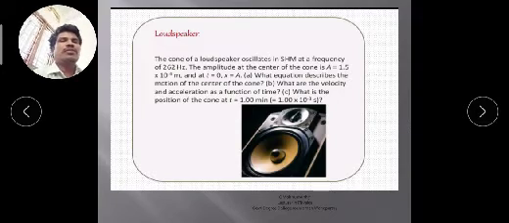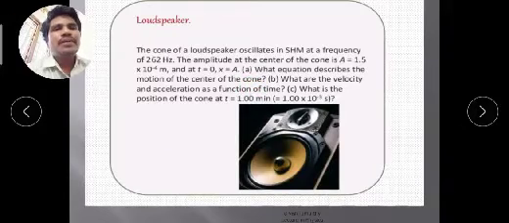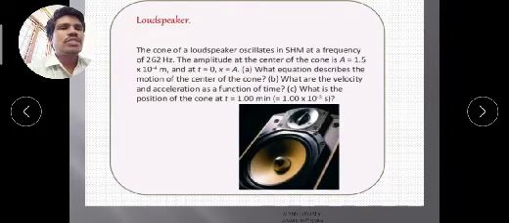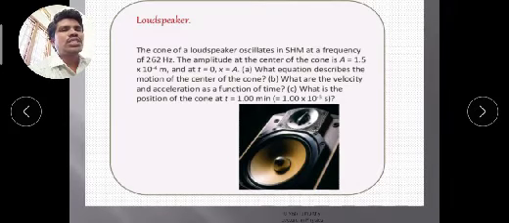Now an example of simple harmonic motion is a loudspeaker. The cone of a loudspeaker, that is the center point of the loudspeaker, oscillates in simple harmonic motion at a frequency of 262 Hz.